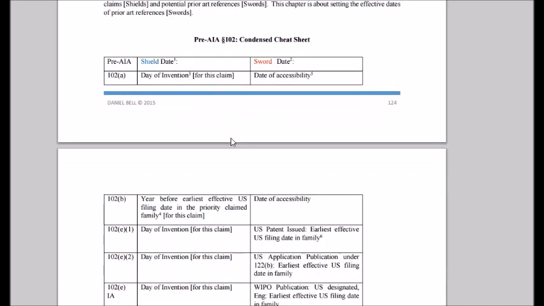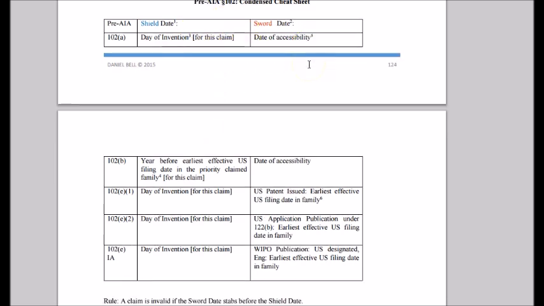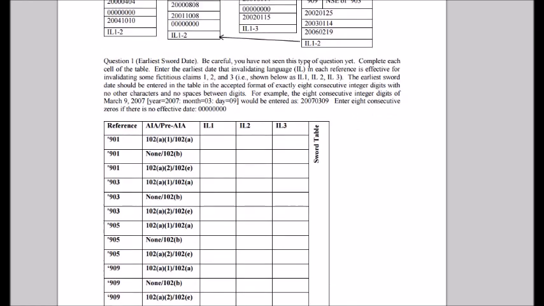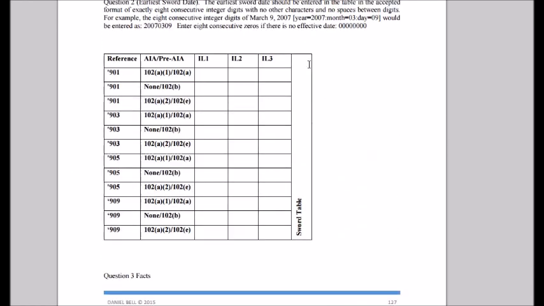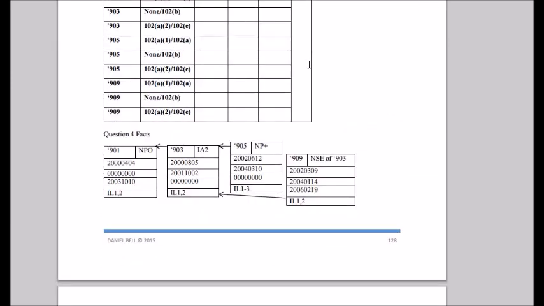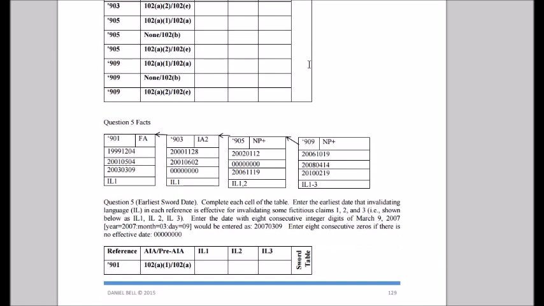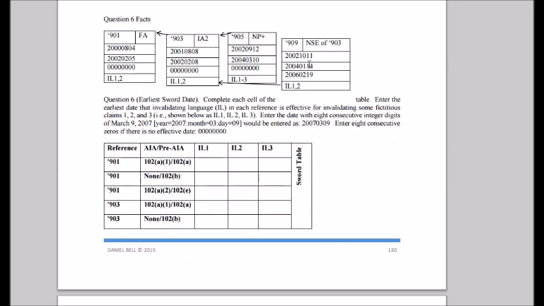And then we have a condensed cheat sheet to teach them how to set shield and sword dates. So not only do we teach them the law behind it and how to do it quickly, but also in the end, once they understand the theory, how to use cheat sheets to get quick reminders of what dates are and how to apply them.